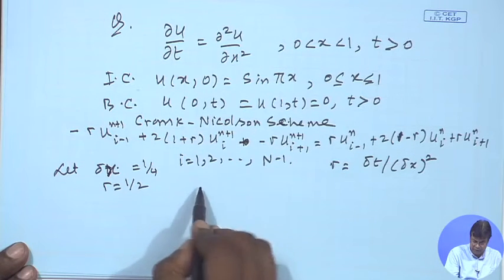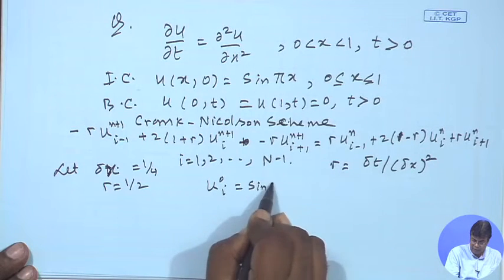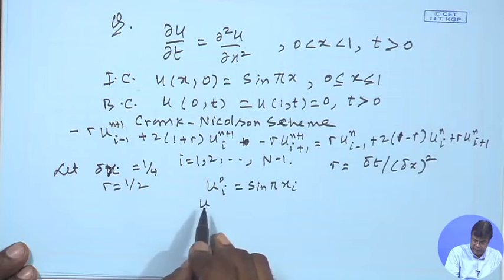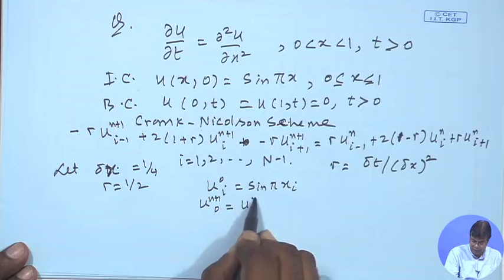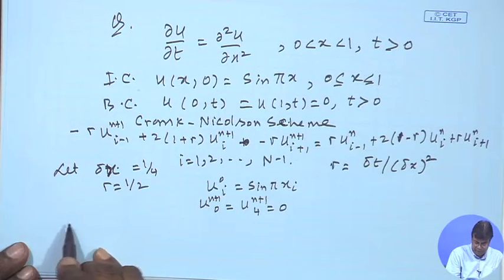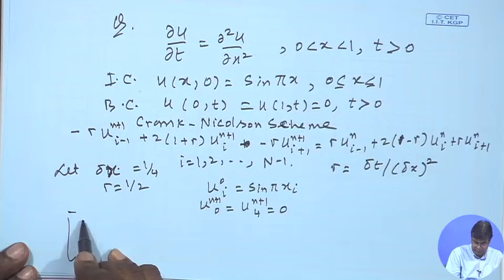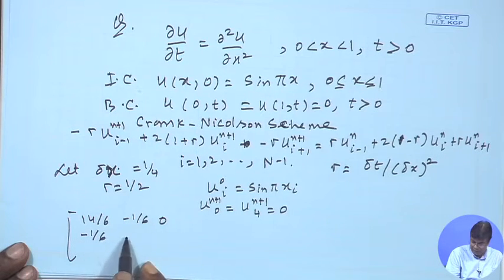So the initial conditions are u 0, i equal to sin pi x i, and u n plus 1, 0 equal to u n plus 1, 4 equal to 0. So you get a system where the matrix A comes out to be minus 1 by 6, 14 by 6, minus 1 by 6, and so on.